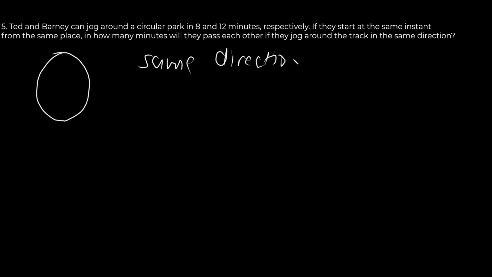For motion problems with circular tracks going in the same direction, the distance traveled by the fast person minus the distance traveled by the slow person is equal to 1 circular track.